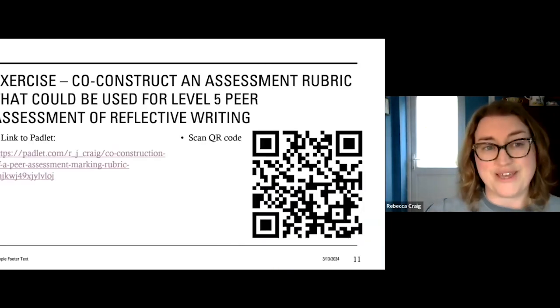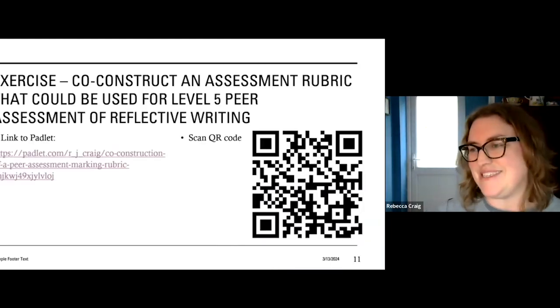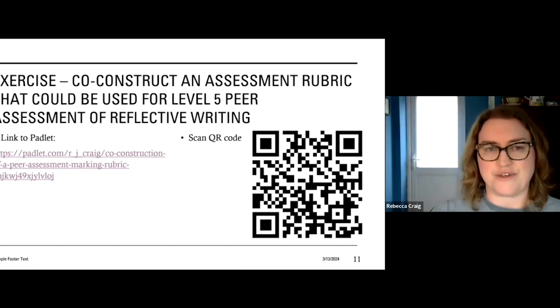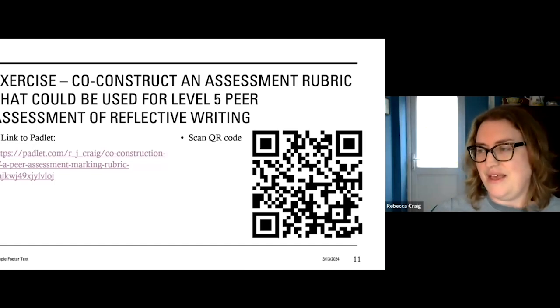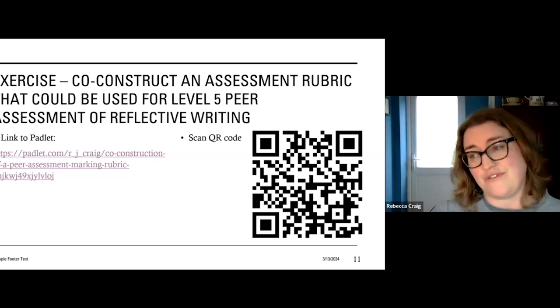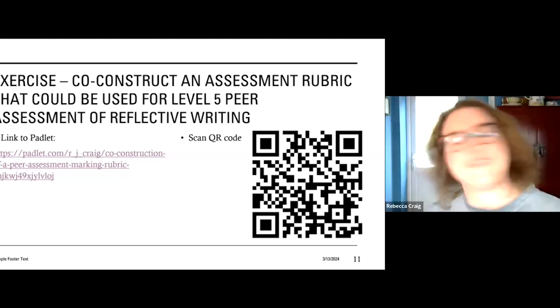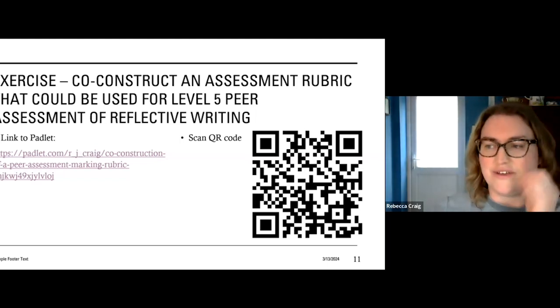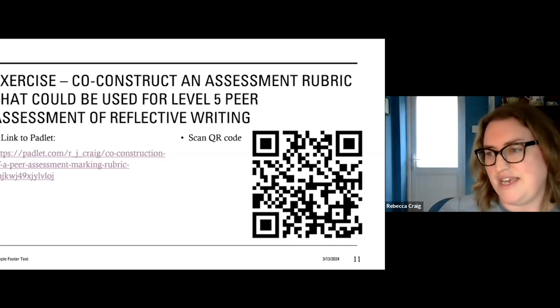So this has been a quick whistle stop, as I only have 20 minutes. I thought it would be nice for us to have a quick go at adding some ideas to an assessment rubric together that we might use for a level 5 peer assessment of reflective writing. Sorry, please excuse my dog in the background. I've got a link there to the Padlet, and I'll bring it up on the screen in a moment.